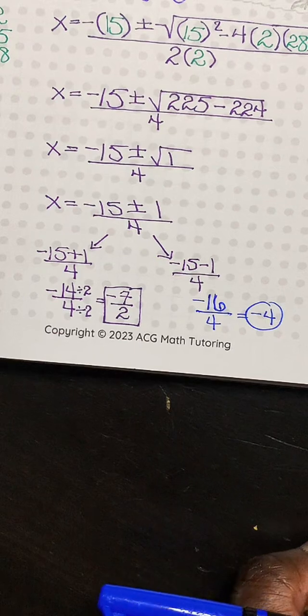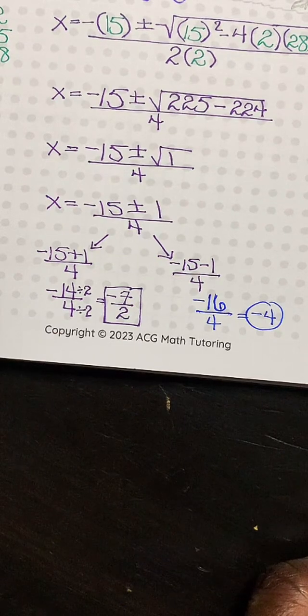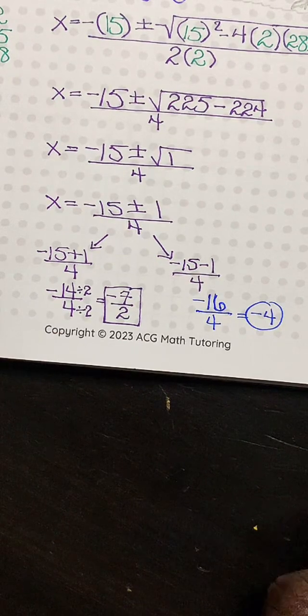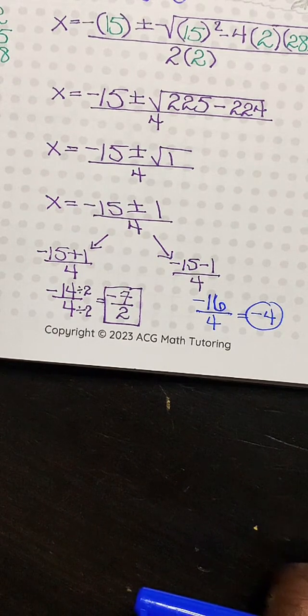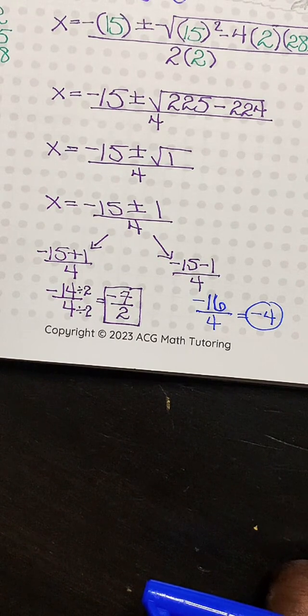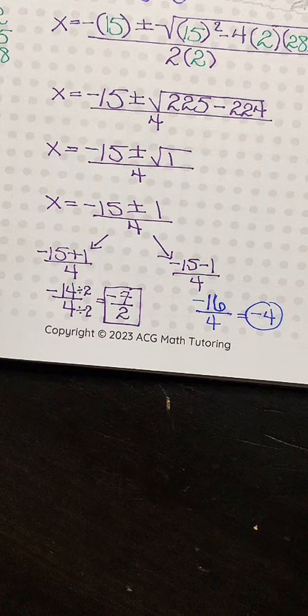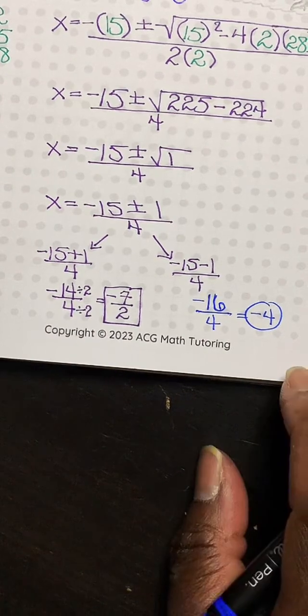How are we doing? Do we see why it's not a negative? Or I see an IDK. Okay. So I'm seeing taps.